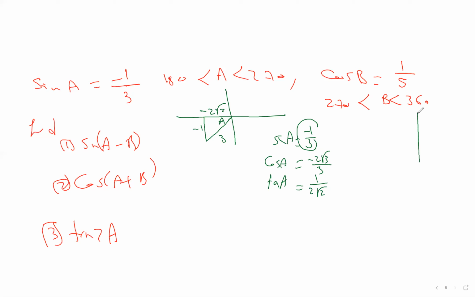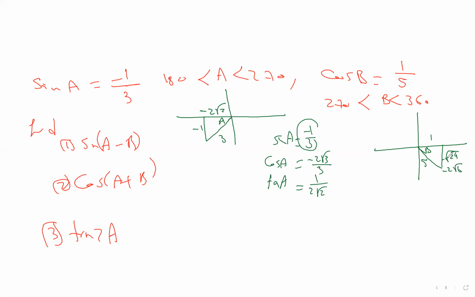And the other one, this is the fourth quadrant, this angle B. Then cosine B will be 1/5. So this side will be √24, which is 2√6.